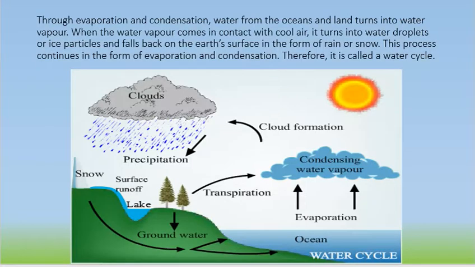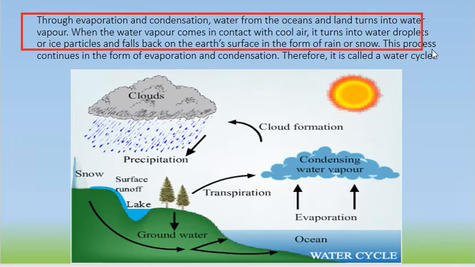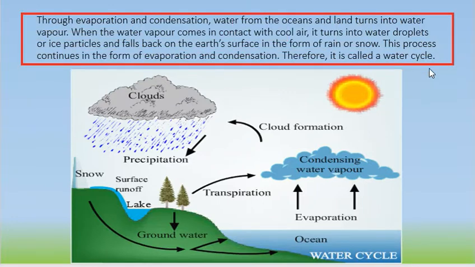Through evaporation and condensation, water from the oceans and land turns into water vapor. When the water vapor comes in contact with cool air, it turns into water droplets or ice particles and falls back on the earth's surface in the form of rain or snow.